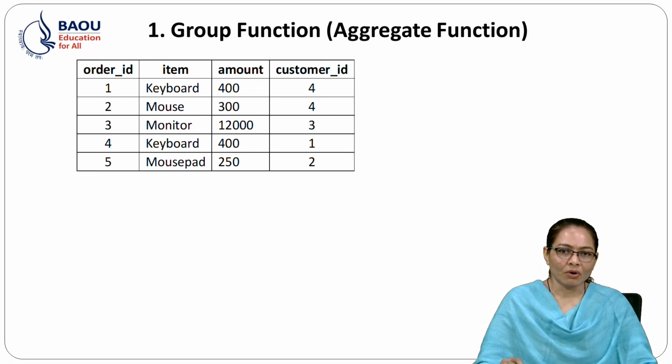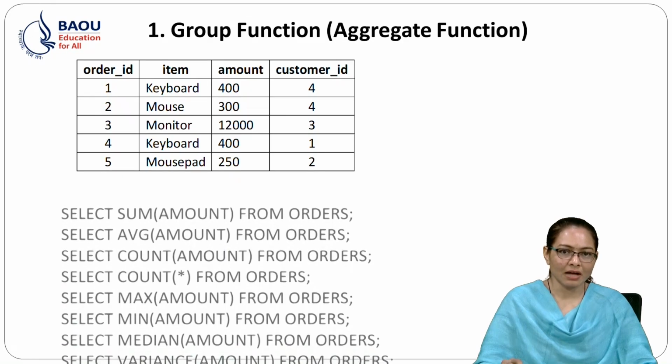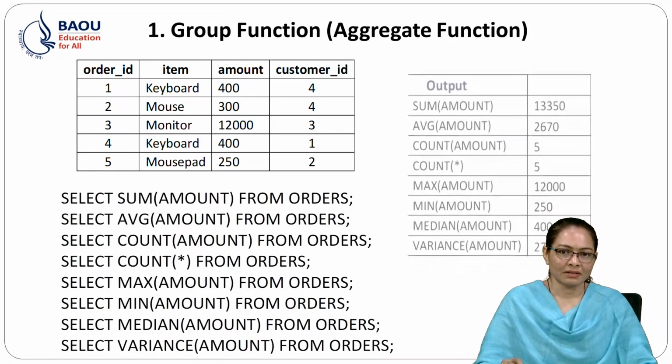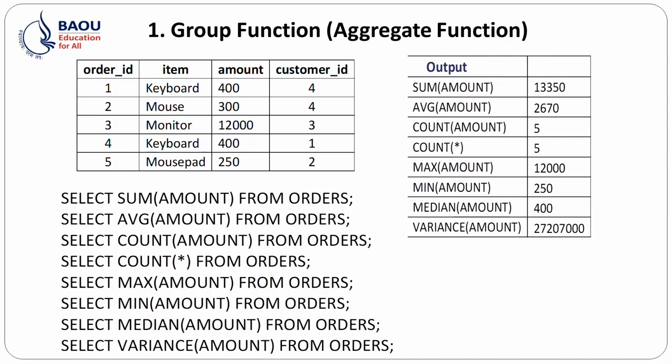Now one orders table is given and some examples are given for how to use the aggregate functions practically. Here some examples as well as the output are given. Using these examples, we can easily understand how the aggregate function or group function works in a practical query.